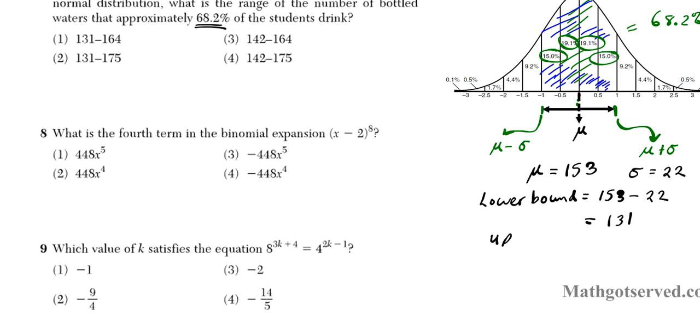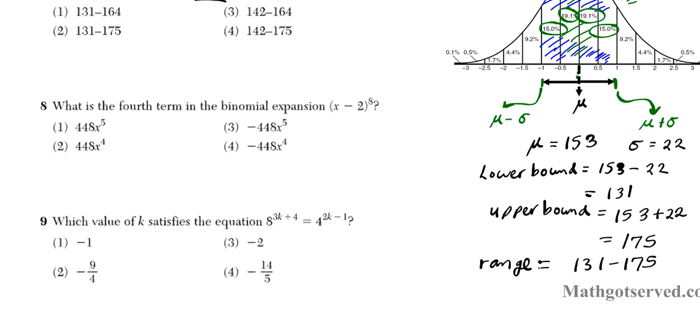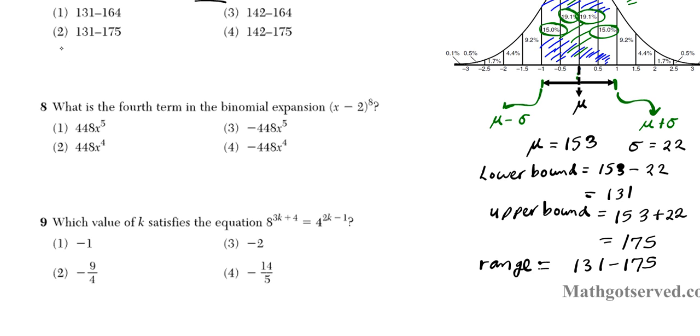And the upper bound of our range is going to be the mean plus one standard deviation, plus 22, and if you add it up, you get 175. So our range is from the lower bound to the upper bound, which is from 131 to 175. There goes our range. So our answer is option number 2. Okay, so there you have it.